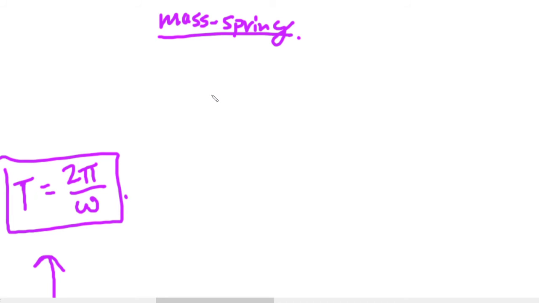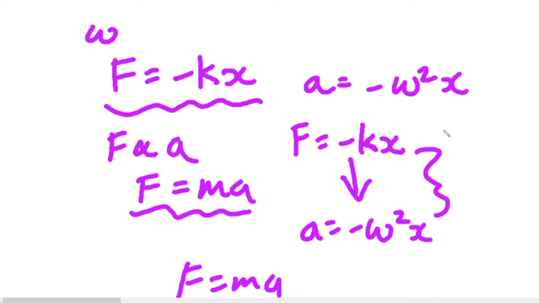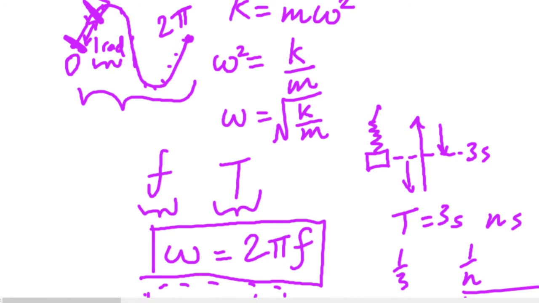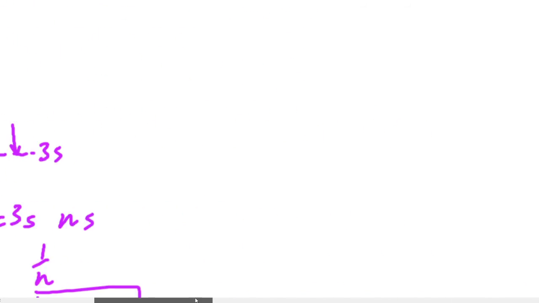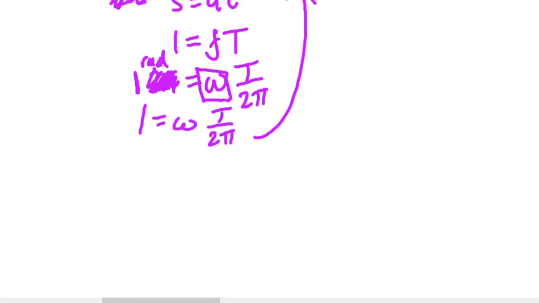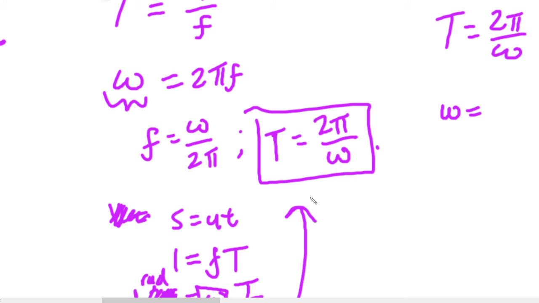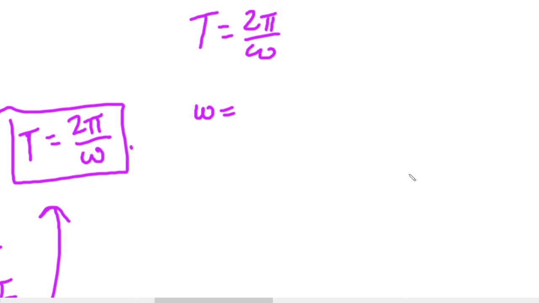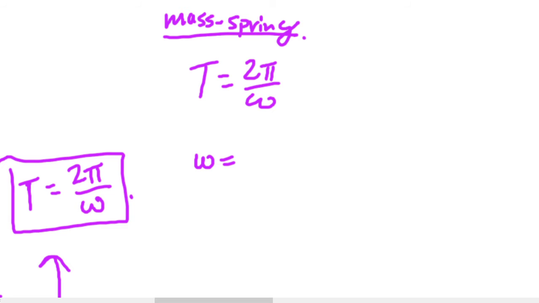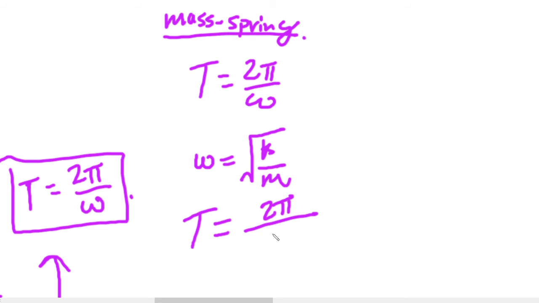So if t is equal to 2 pi over omega, and we've established earlier that omega is equal to the square root of k over m, where k is the constant of proportionality between the restoring force to the equilibrium and the displacement from the equilibrium, then we get that the period is going to be equal to 2 pi divided by this square root term.